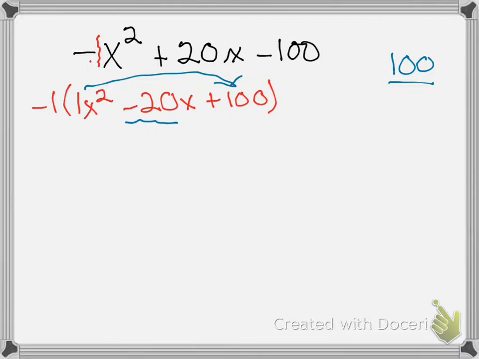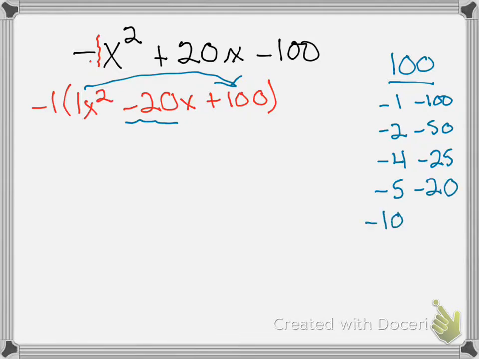So if we write down all the possibilities we can think of, we've got negative 1 and negative 100, negative 2 and negative 50, negative 4 and negative 25, negative 5 and negative 20, and negative 10 and negative 10.